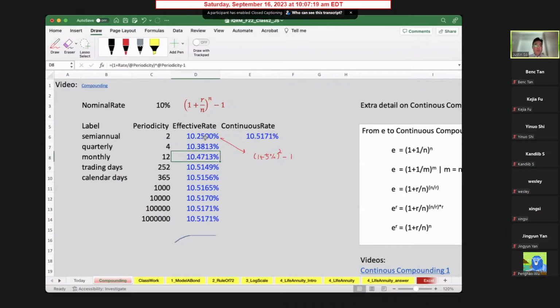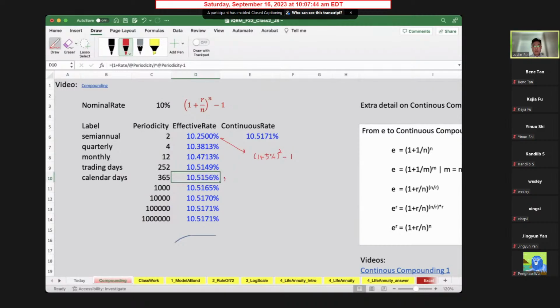So let's say here in calendar days, this is typically called daily compounding. There are 365 compounding periods in a year. Calculation here, let me show you.